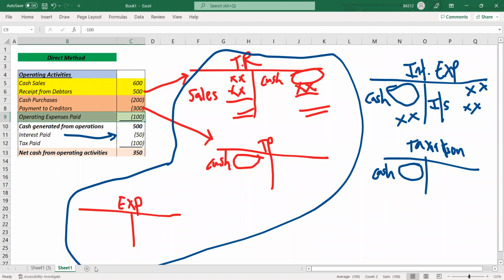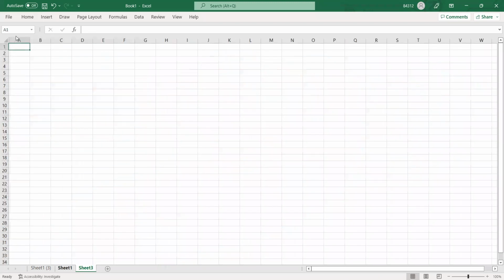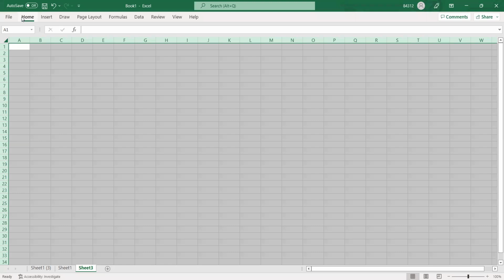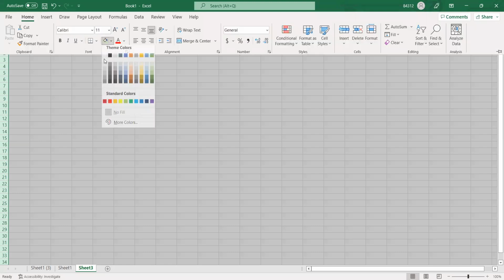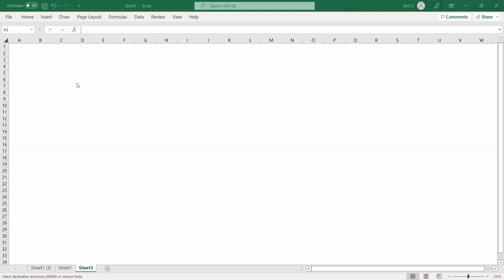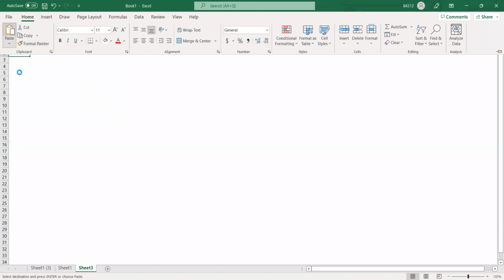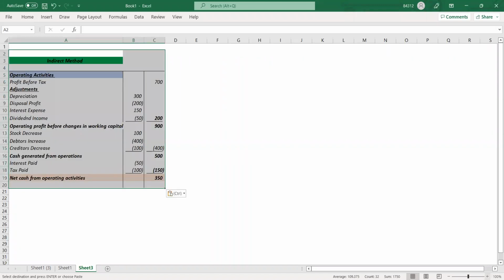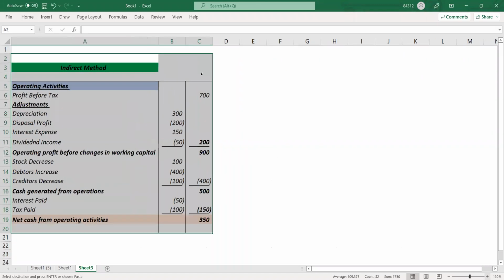Okay. Now let me explain the indirect method. Just understand the items in the operating activities. Then let me show the indirect method. Most of the questions are based on the indirect method. And for both the direct and indirect methods, the answers will be the same. Right.